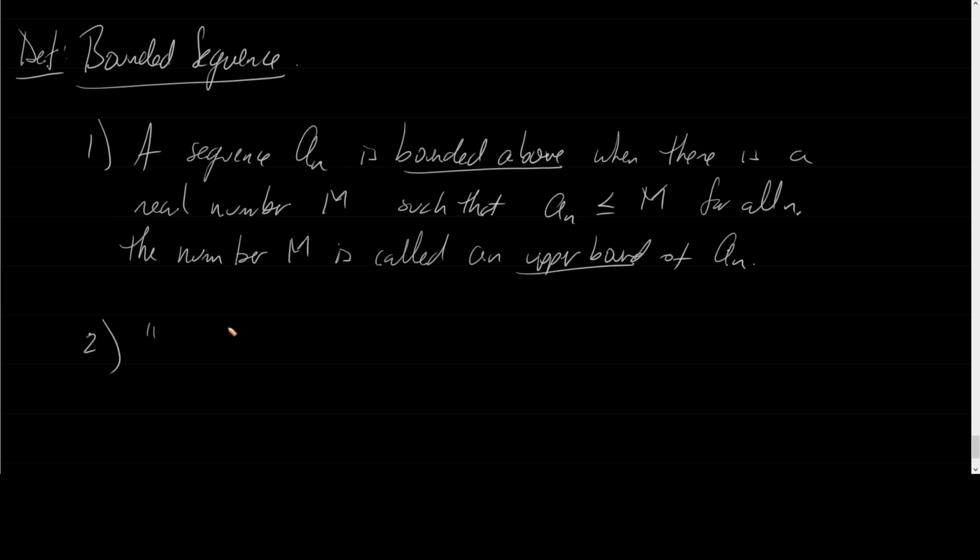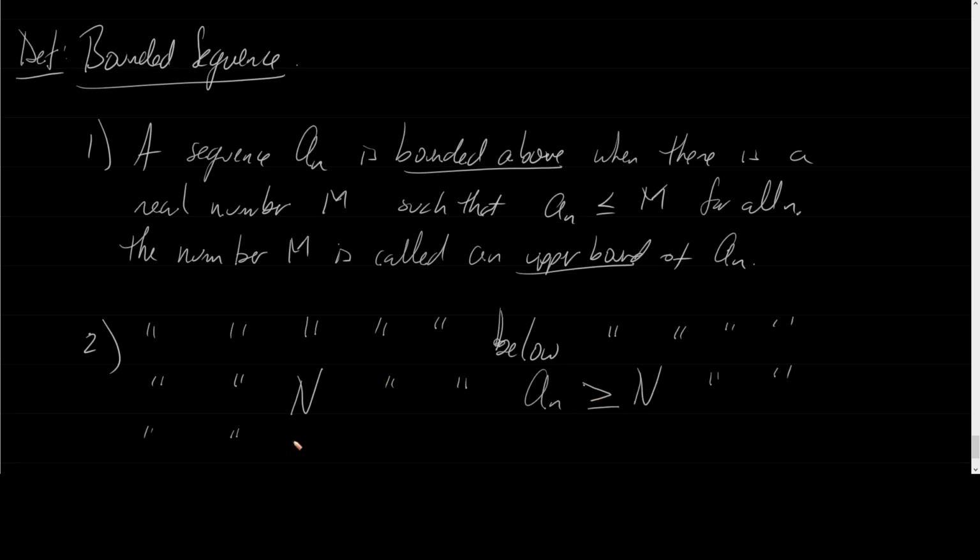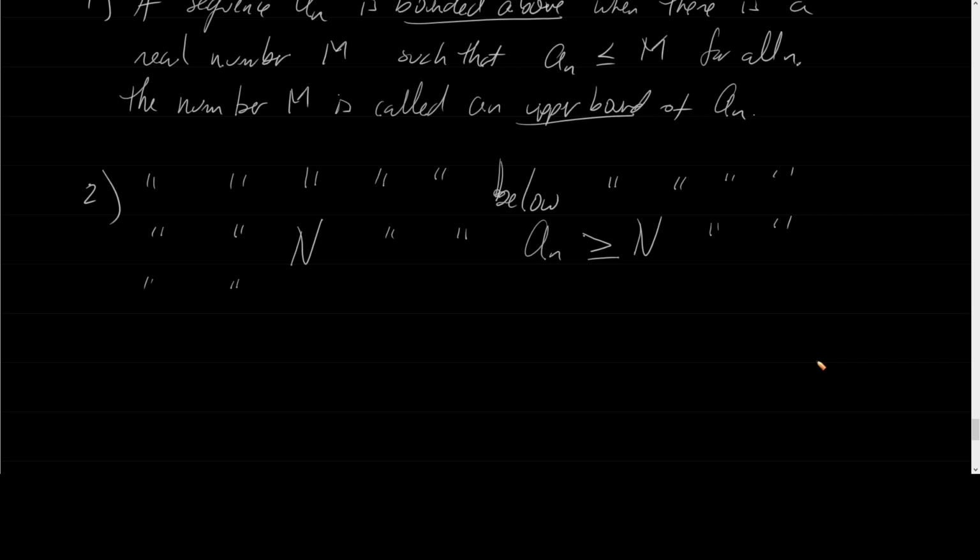2. A sequence a sub n is bounded below when there is a real number n such that a sub n is greater than or equal to n for all n.